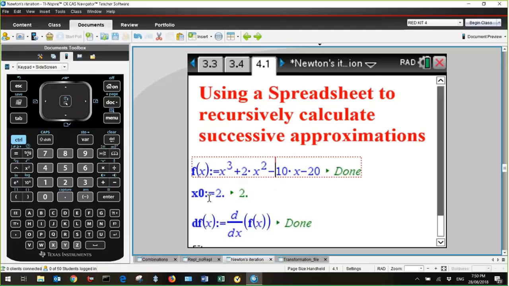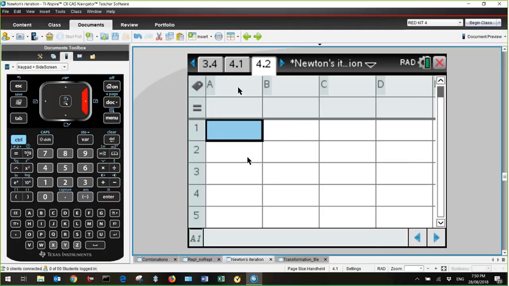So in the spreadsheet, I'll call this column xn. That's going to be my xnth value. And this one, I'm going to substitute xn into the function. I'll call that fxn. And this one I'll call the derivative of f of xn.